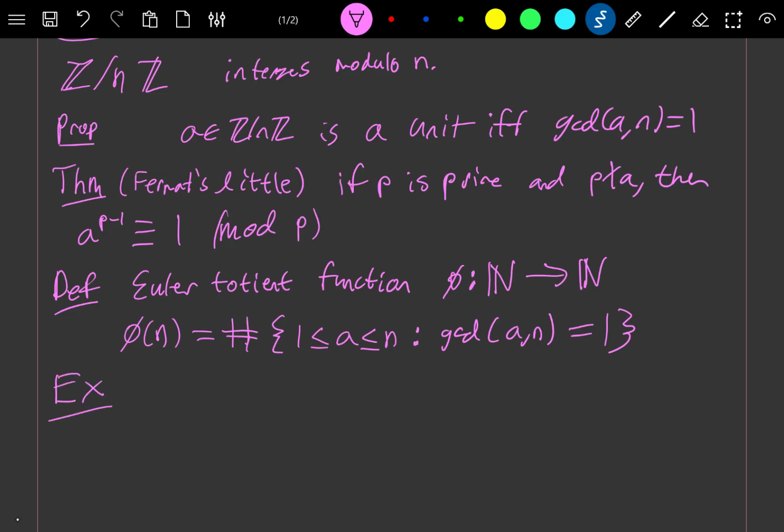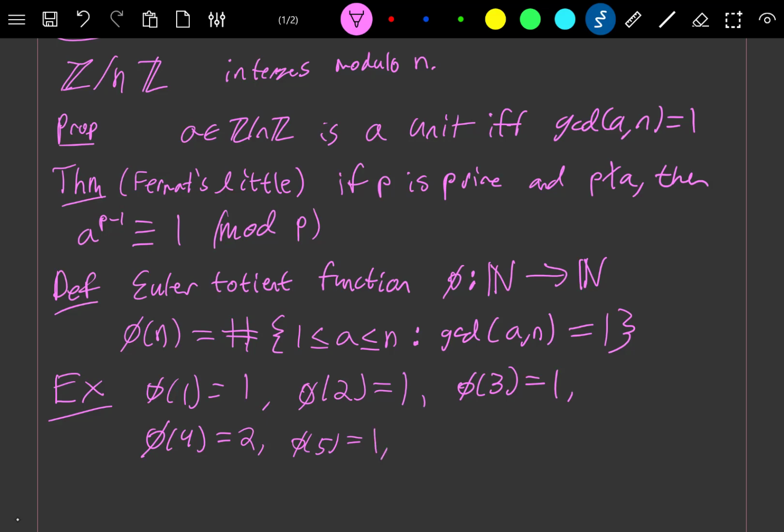So, for example, phi of 1 is equal to 1, phi of 2 is equal to 1, phi of 3 is 2, phi of 4, well, what has GCD 1 with 4, so this will be 2, phi of 5 is 4, phi of 6, this gets interesting.